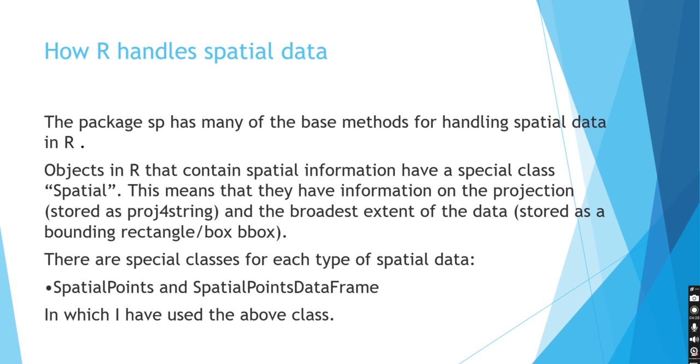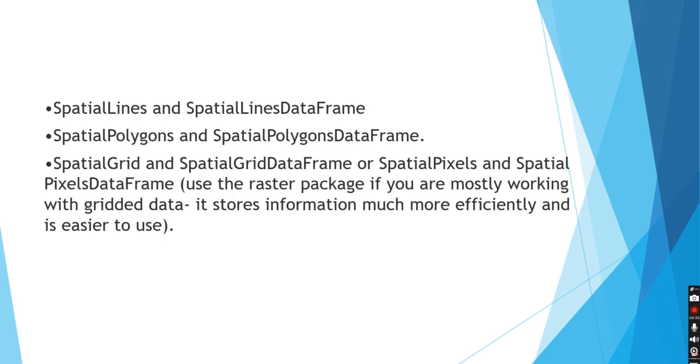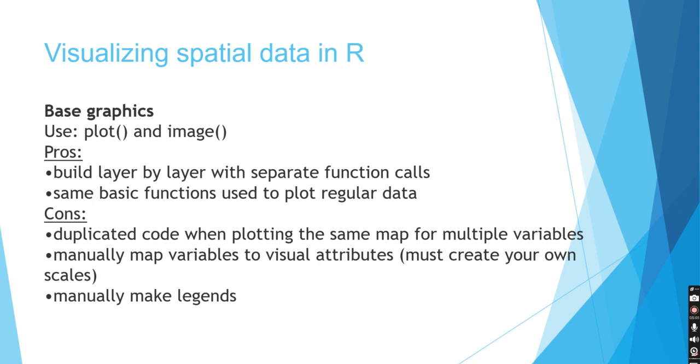Then SpatialLines and SpatialLinesDataFrame. For polygons, if you want to create them, SpatialPolygons and SpatialPolygonsDataFrame. For SpatialGrid and SpatialGridDataFrame, or SpatialPixels and SpatialPixelsDataFrame, use the raster package. For these purposes you need to use the raster package. If you are mostly working with gridded data, it stores information more efficiently and is easier to use also.